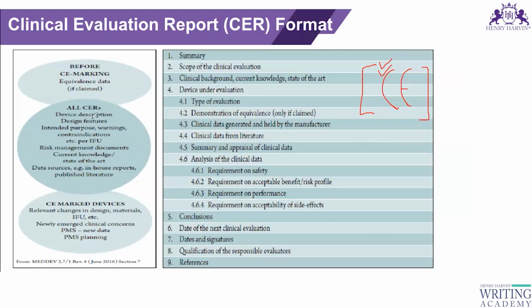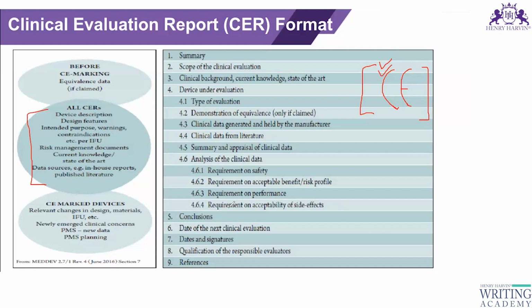So in all the CER, the following information should be presented: device description, design features, intended purpose, warnings or contraindications as per IFU, risk management documents, current knowledge or state of the art, data sources, for example in-house reports or published literature.